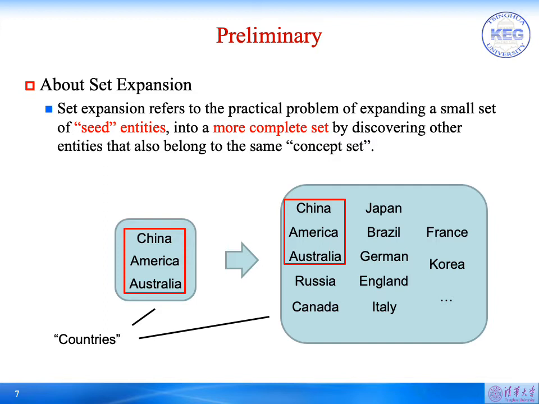For example, we provide 3 seed concepts of countries. Our aim is to build a large set including them and find more similar concepts like Russia, Canada, Japan, Brazil, and so on.